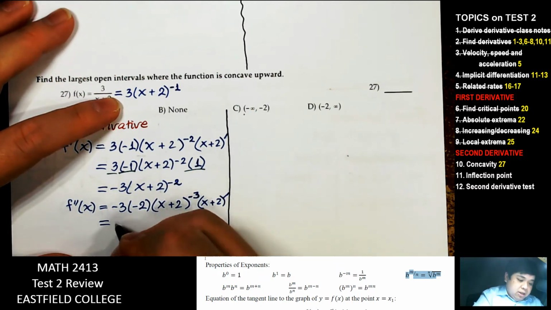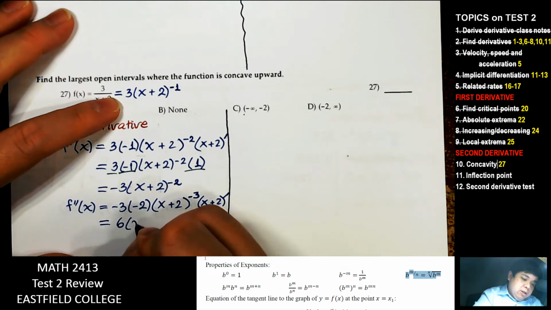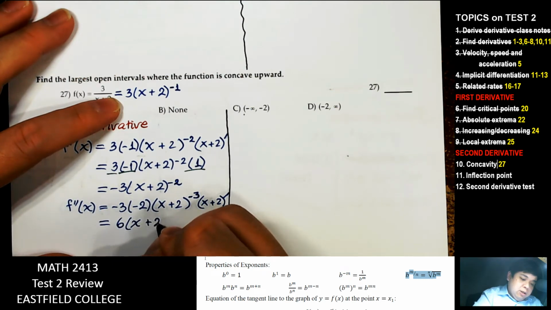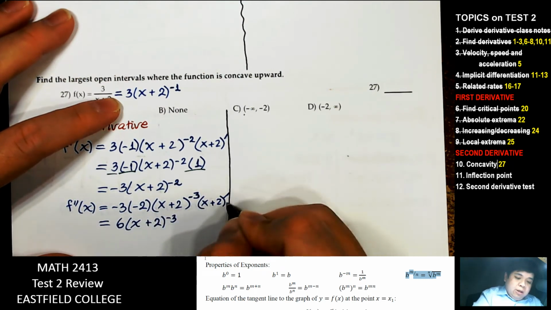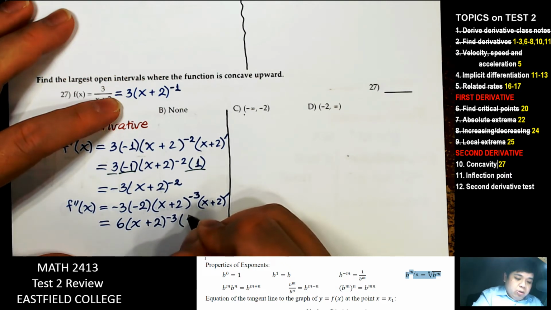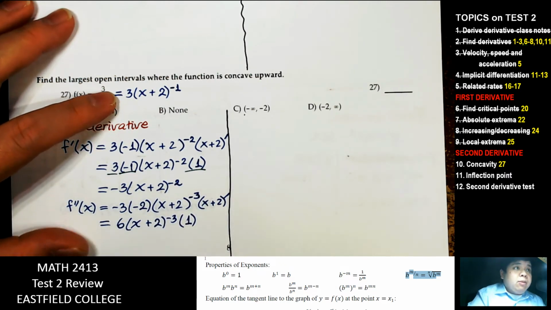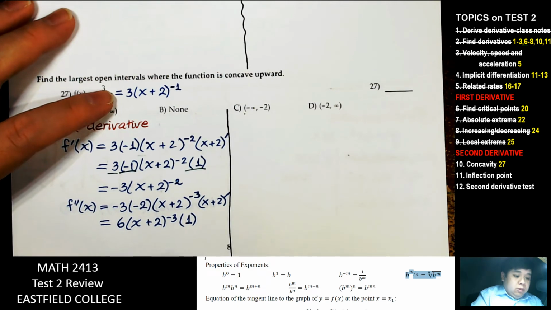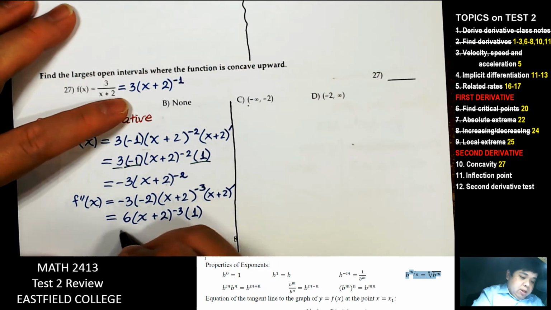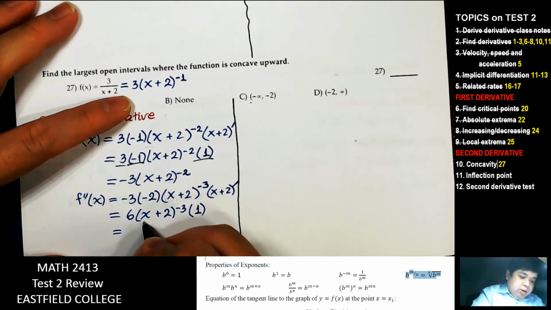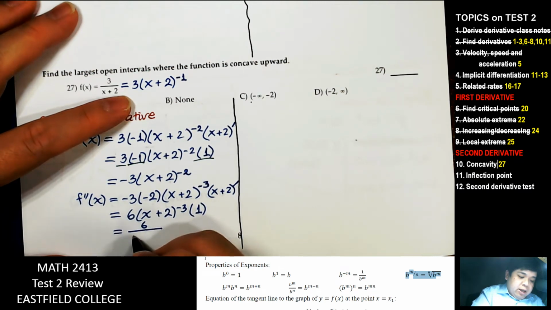That gives us 6. And the derivative of x plus 2 is 1. Or you can write 6 over x plus 2 cubed.